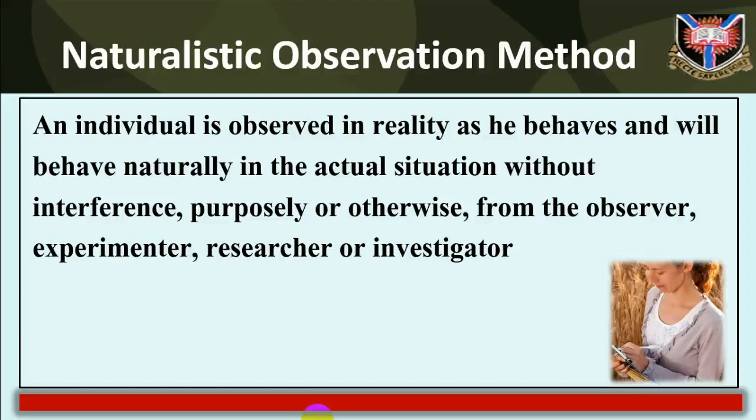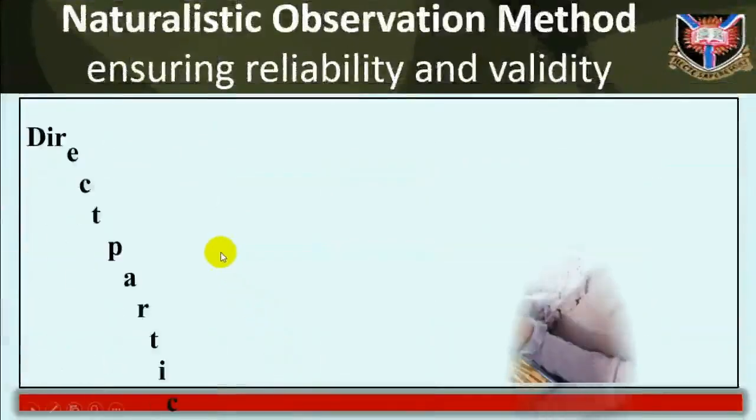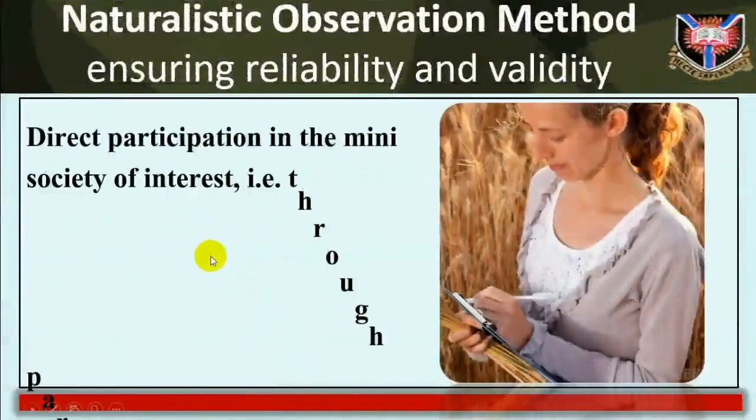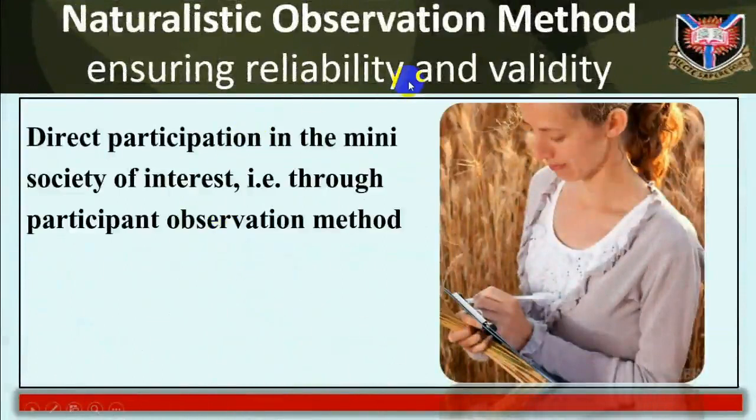By defining the behavior of interest, we are able to conceptualize the issue that is of interest to us. In addition, it will be possible for the study on that particular behavior to be reliable and valid. Another way of ensuring reliability and validity is by direct participation in the mini society of interest, that is, through participant observation method.